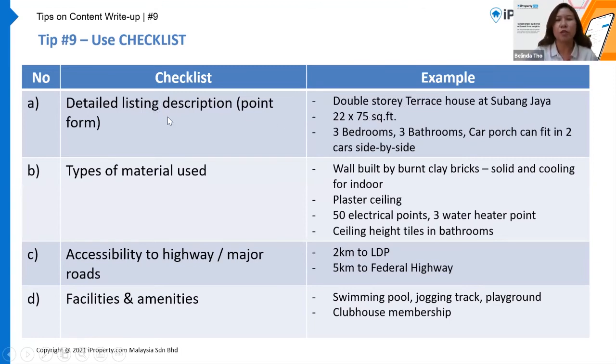So next time when you want to write up your contents, you can put your checklist aside, and while you are preparing your content, you can go through this checklist to ensure that the points you want to put down are guided for you.